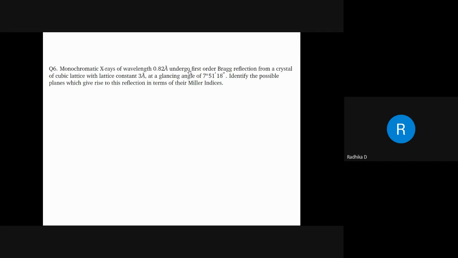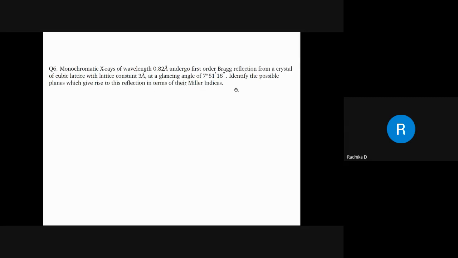Oh, this is the problem. At a glancing angle of 7 degrees 51 minutes 18 seconds. So obviously, if you have to use this kind of theta, you will need a scientific calculator. Identify the possible planes which give rise to this reflection in terms of their Miller indices.